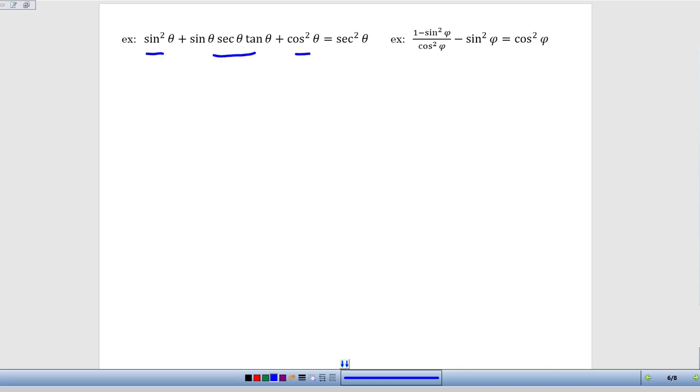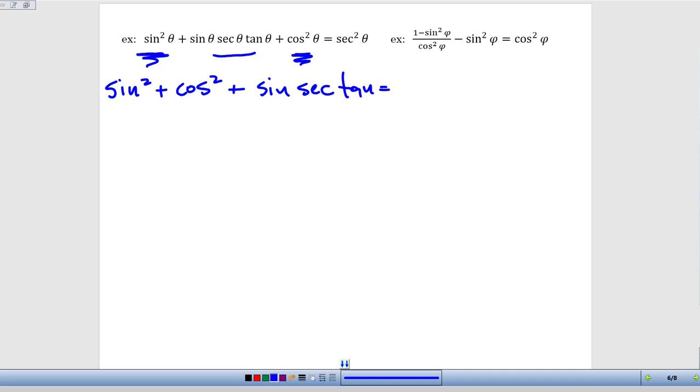So the first thing that I can see, in fact, are the sine squared and cosine squared. So I'm going to rearrange the deck chairs here a little bit. And so we've got sine squared plus cosine squared, and then plus I've got the sine times secant times tangent.